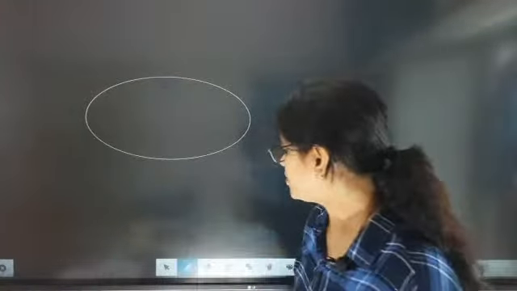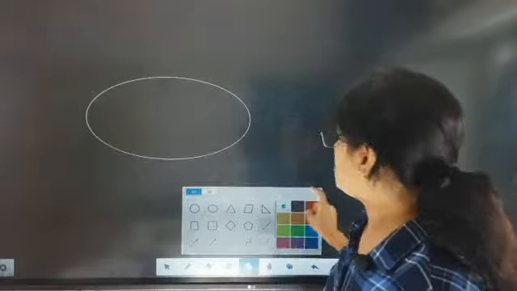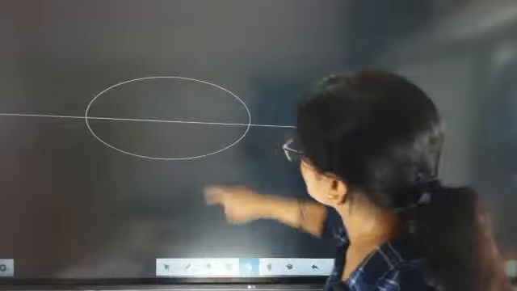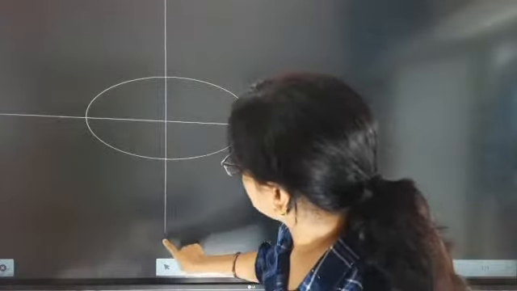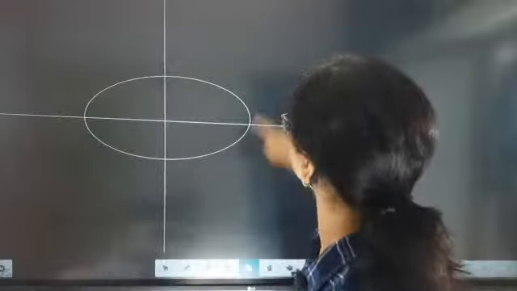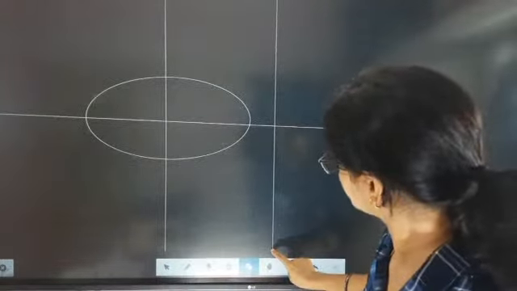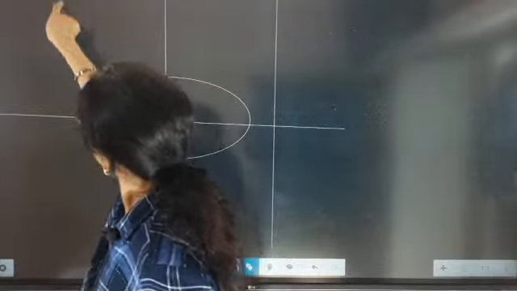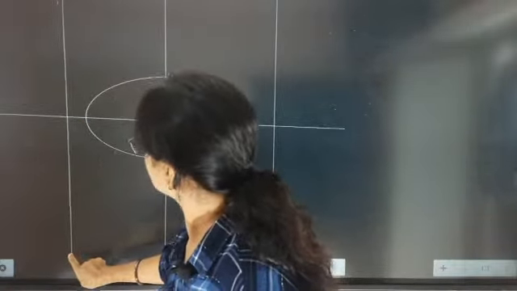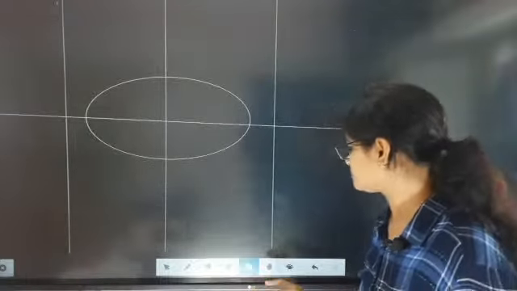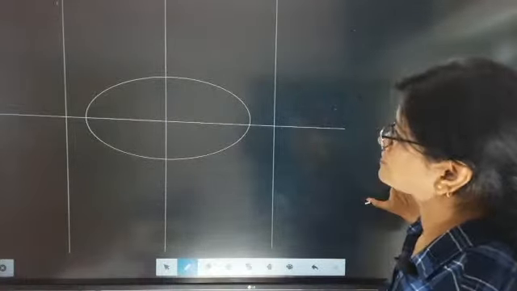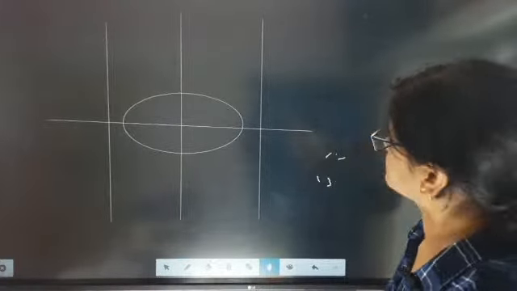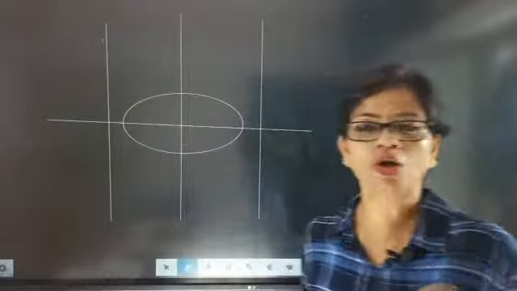So this is going to be the ellipse now. Fine. So now what all things are there?